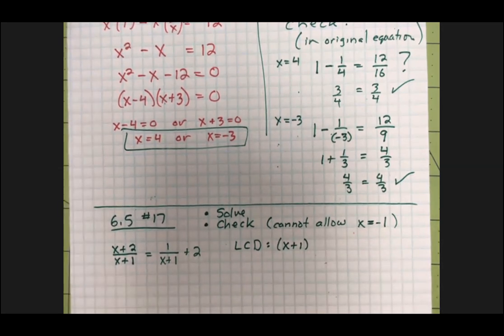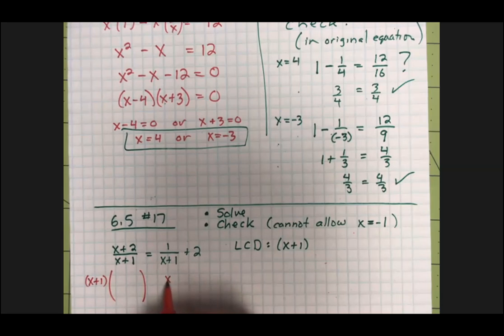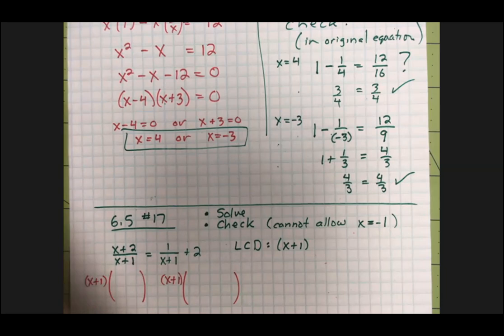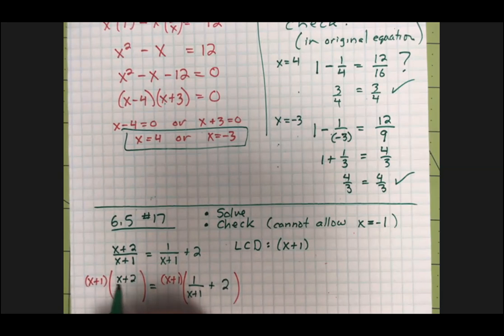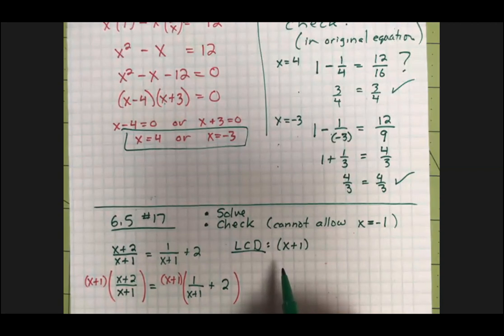So now I multiply both sides by x plus 1, with all the nice parentheses so that I keep track of everything. And let's look at the result. Canceling happens here too. In fact, that's why you multiply by the least common denominator, because you always get to cancel things.